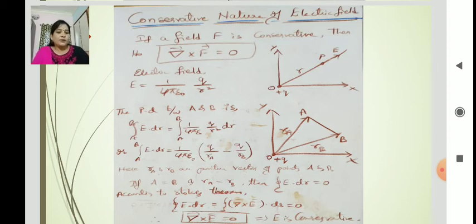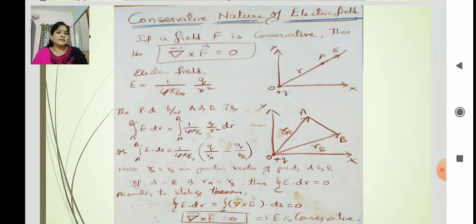According to Stokes theorem, if the two points A and B are equal, then their position vectors will be equal. Then along the closed curve, the integral of E dot dr, the potential difference, gives the value 0.